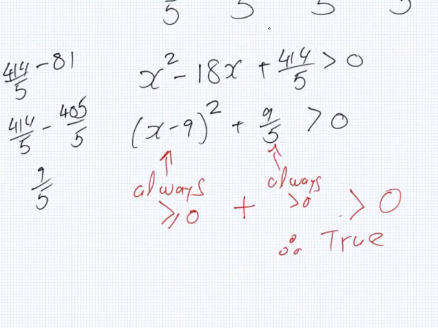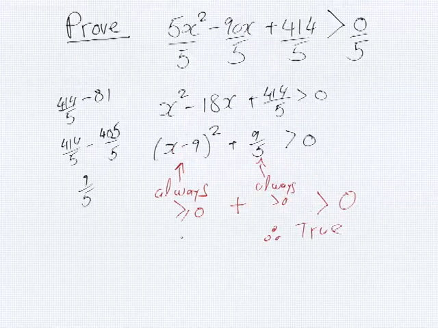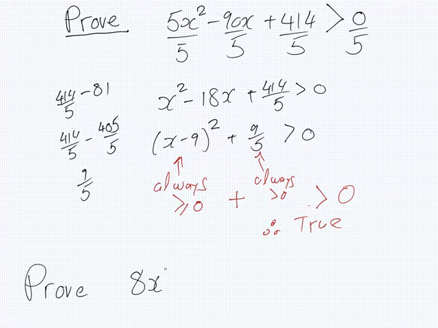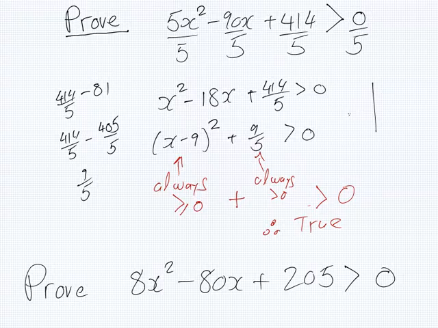I want you to now do something similar. I want you to prove that 8x squared minus 80x plus 205 is always bigger than 0. And Jason, you said you could use the graph. So in this one, the graph would look like this. It's always bigger than 0. Yeah. But this is the way I want it. Like this. Okay.